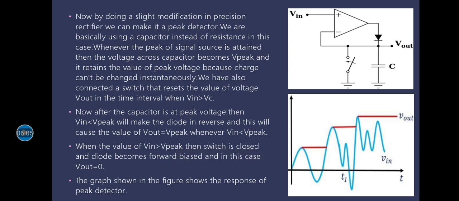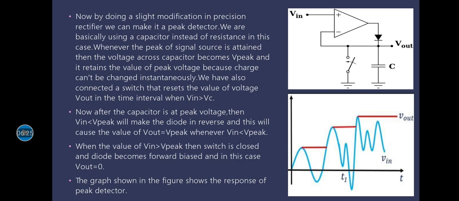And when the diode is reverse bias, then we want the capacitor to retain its charge, and we will not close the switch. We will keep it open all the time whenever V in is less than V peak.